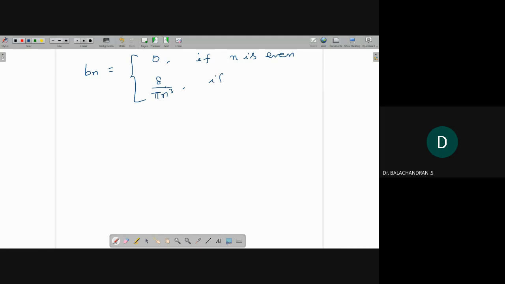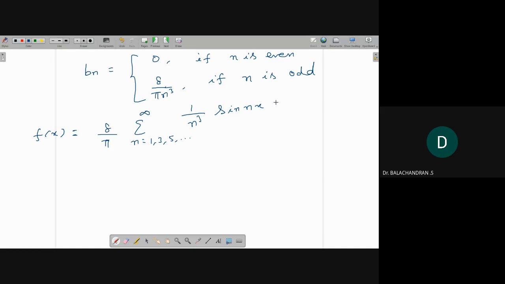So f of x is equal to, when n is odd, 8 by pi summation n equal to 1, 3, 5 and so on up to infinity, 1 by n cube into sine nx. Okay, sine nx.